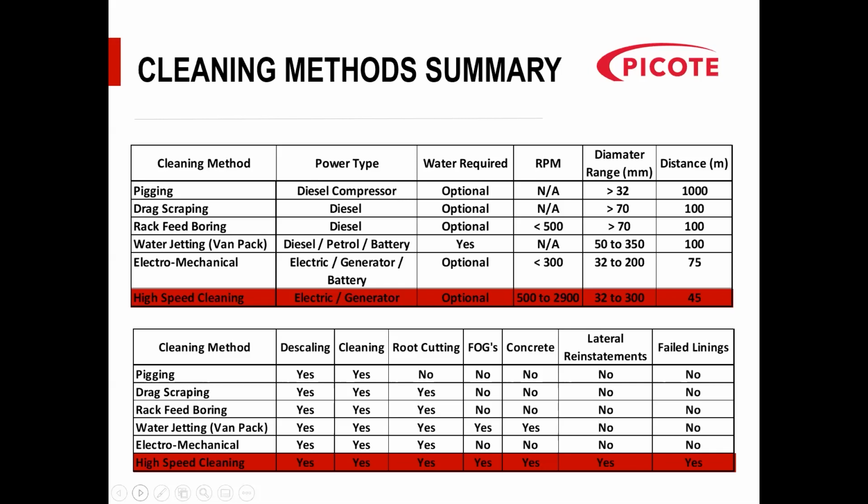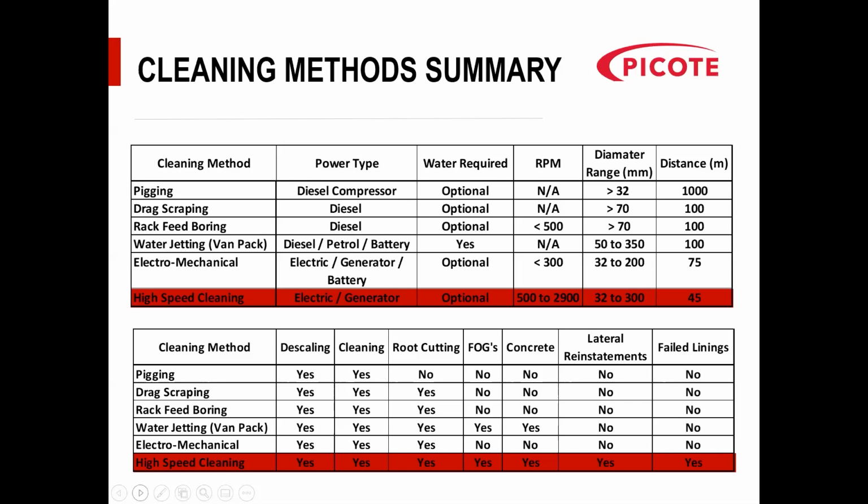In some parts of some countries now, they're sold as waterless cleaning methods. Your normal rack feeding boards rotate less than 500 RPM, your electromechanical traditional under 300 RPM, and the high speed run between 500 to 2,900. When you start getting up to those speeds, they just obliterate everything in the path, but they do not damage the pipes.